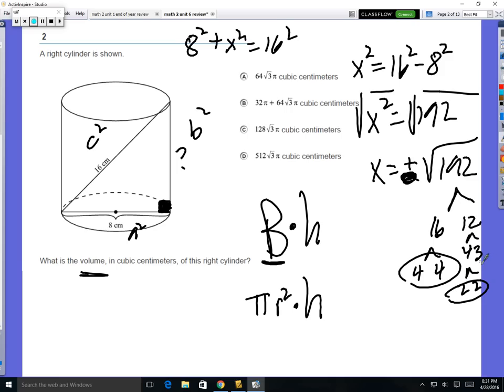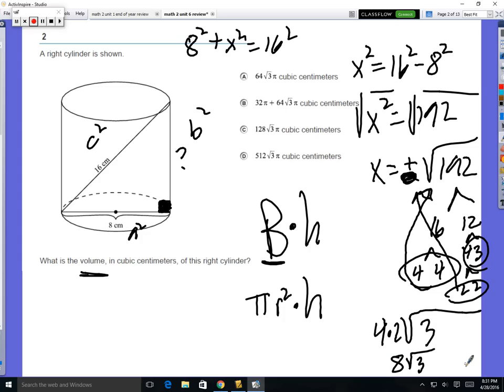And then I got this 3. So 4 will go out, 2 will go out. So on the outside I got a 4 and a 2, which is 8. And on the inside you just have 3. So 8 square roots of 3 is the exact same as the square root of 192. So that is the height: 8 square roots of 3.